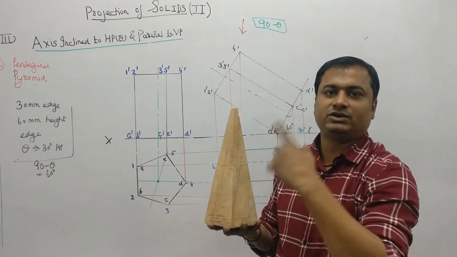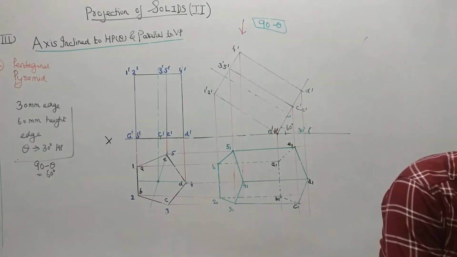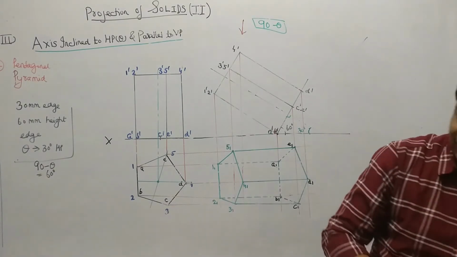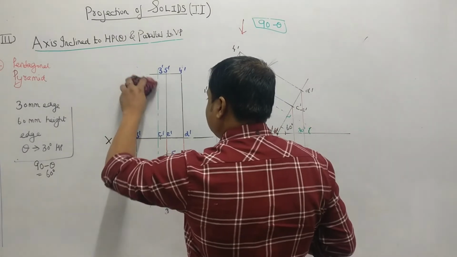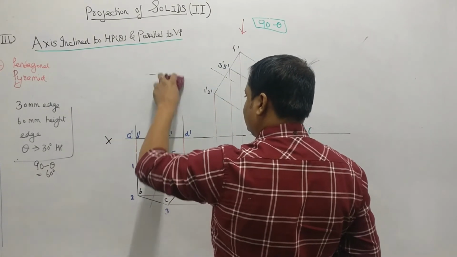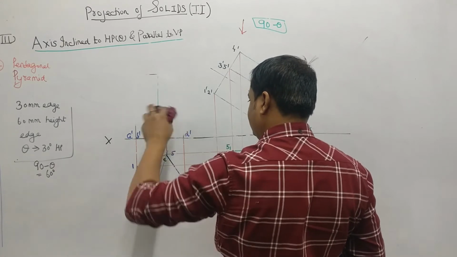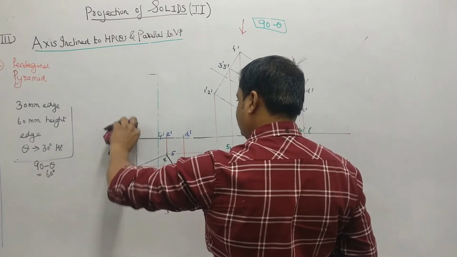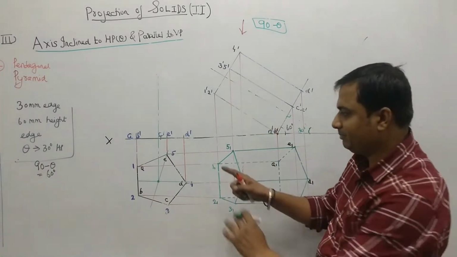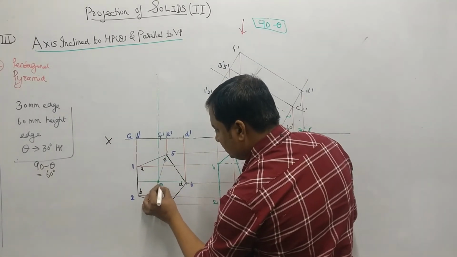So the front view will be a triangle in case of a pyramid. The changes I will be doing are only here. Okay, so the top view will be the same. Top view will be a pentagon with the centroid. This is O.